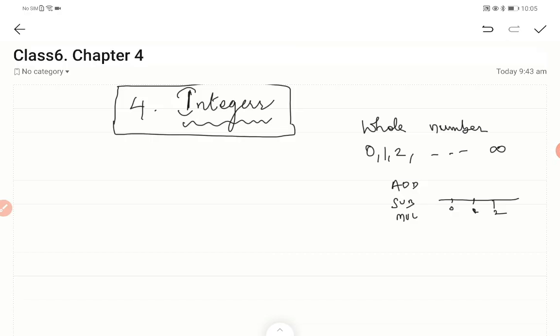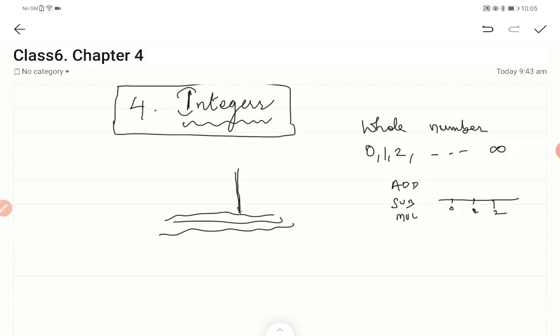So where do we use integers? Wherever you have situations in which you cannot use the whole numbers. Just like we have the situation of the bird above the water, some distance above the sea level.